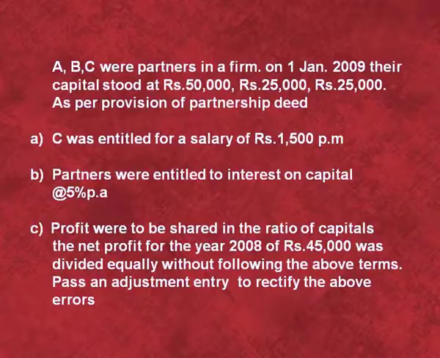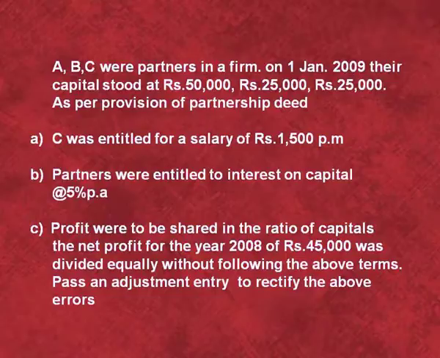A, B and C were partners in a firm on 1st January 2009. Their capital stood at rupees 50,000, 25,000 and for C it is also 25,000. As per the provision of the partnership deed, C was entitled to a salary of 1500 per month.